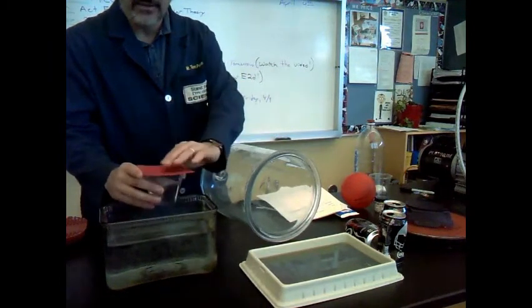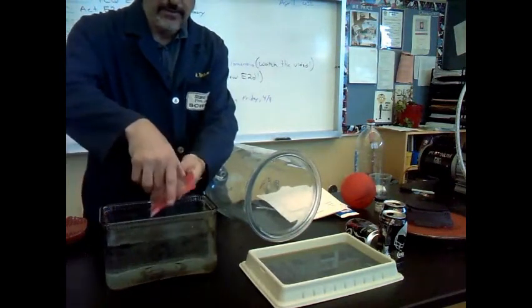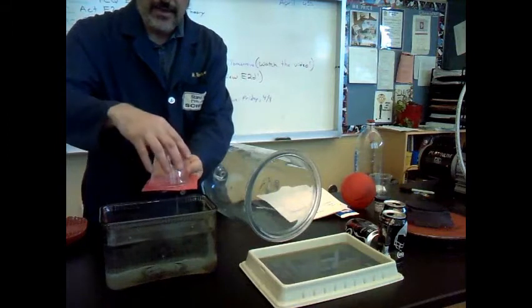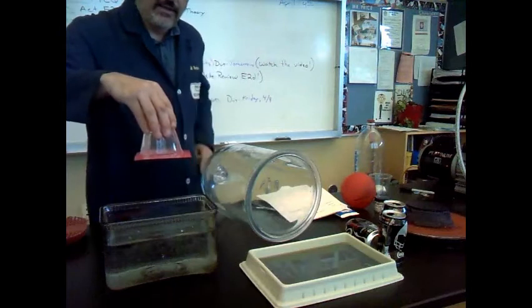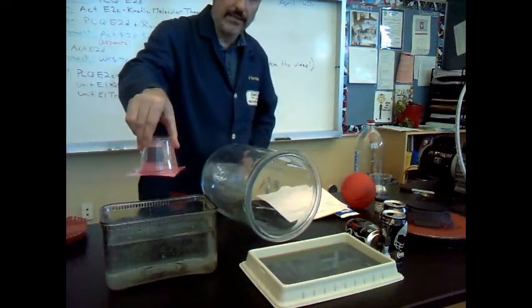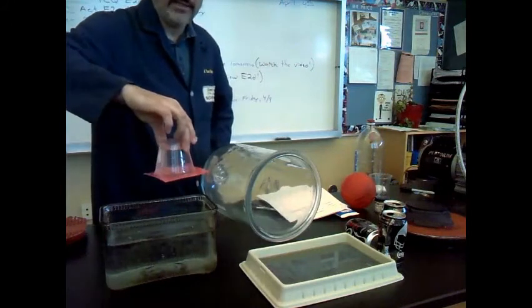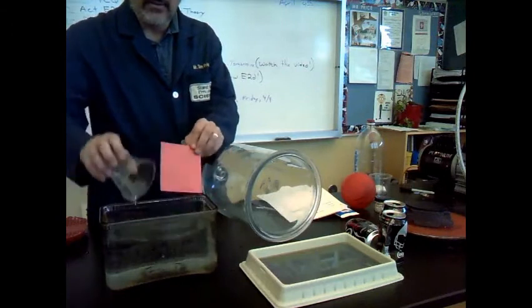I put it all the way over the cup. Great. But I now have it like this. Voila, it stays attached to the water inside the cup. I remove the card, the water comes out.